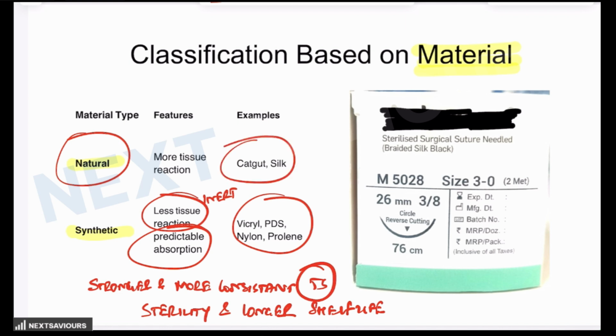So the examples you have to remember are catgut and silk. But the basic disadvantage of these natural material sutures is that they have more tissue reaction because they are not inert, and today they are less commonly used. So that covers the classification of the thread based on the absorbable nature and the material used.